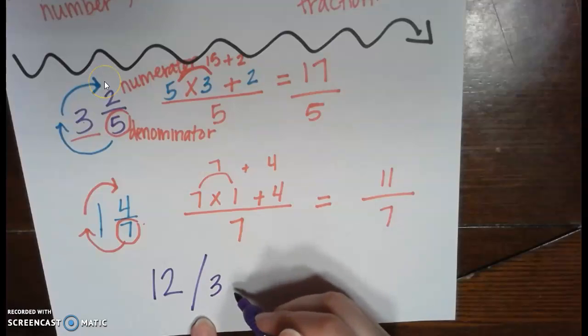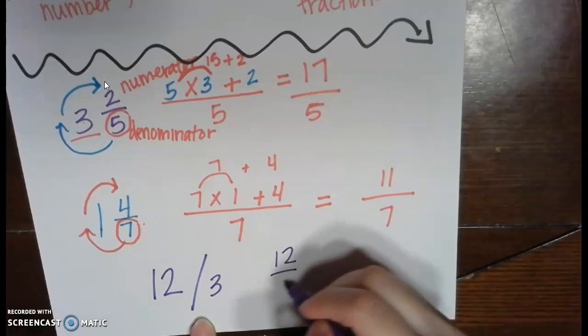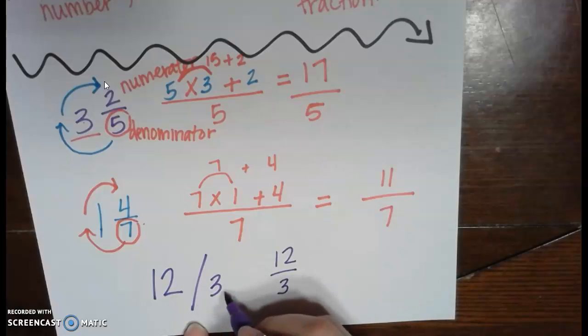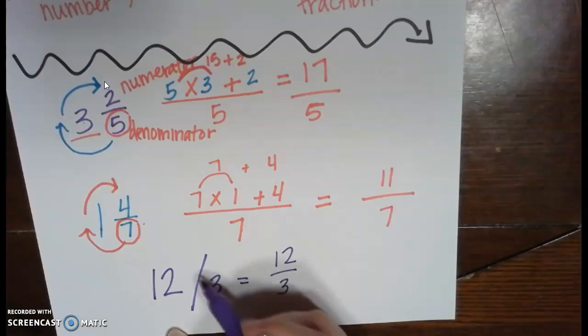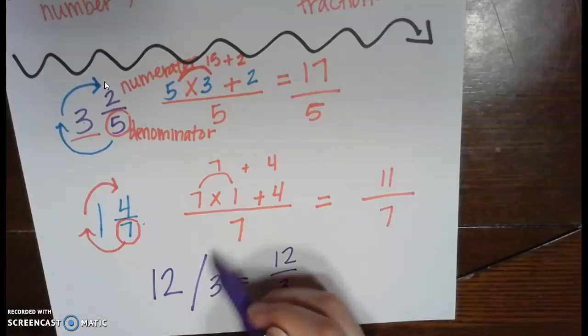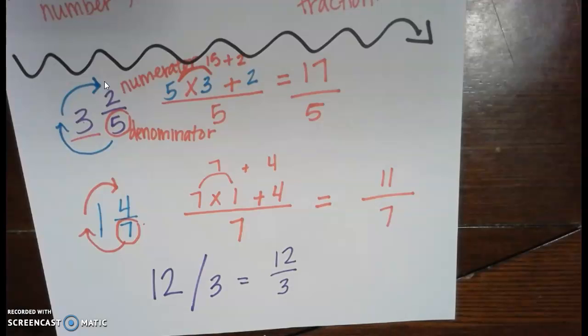That's how it's going to look in Google Classroom because I'm having to type it out in the computer. There is not a way for me to put it like this. But just know 12 over 3 equals the same as 12 over 3, just like this. It's just we're using this slash line as the fraction bar instead of a horizontal line, okay?